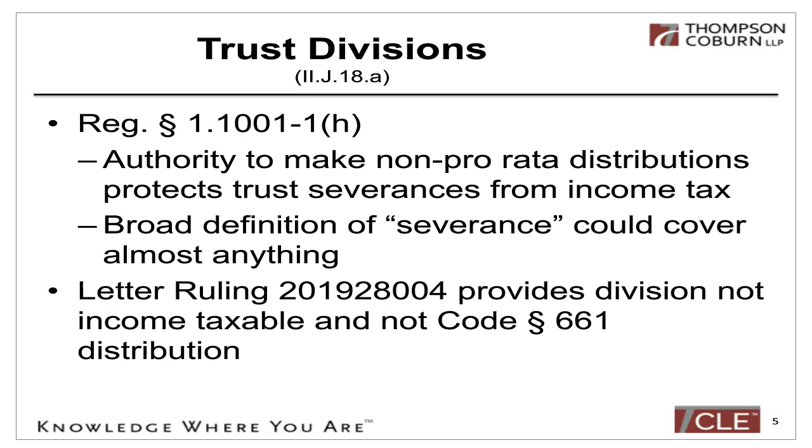So there's an implication by that a commutation is a severance, at least viewed as a severance under the GST regs, and therefore perhaps it may be viewed as a severance for this regulation, which would make a commutation non-taxable.